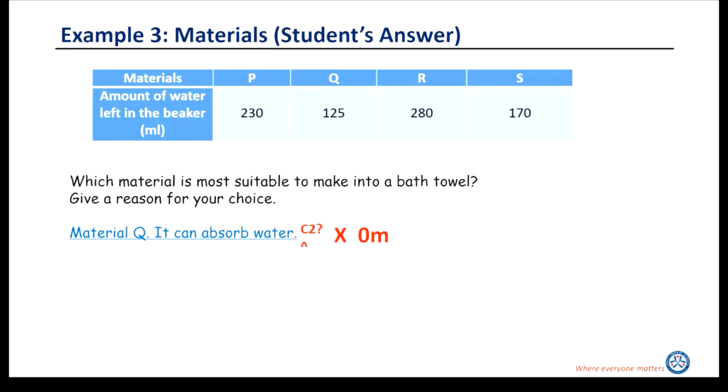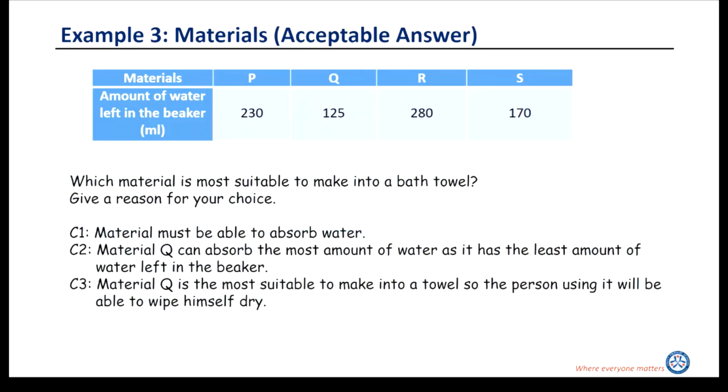The answer given by the student is not correct, as the student did not provide any evidence of C2 in the answer. The student had merely stated that material Q can absorb water. The correct answer is, for C1, material must be able to absorb water.